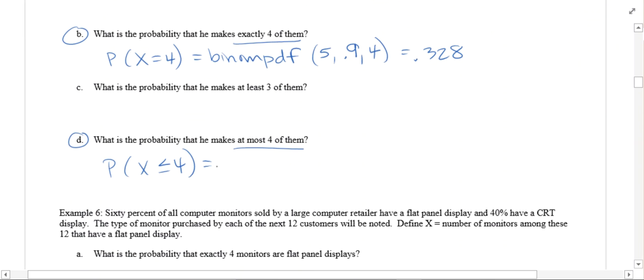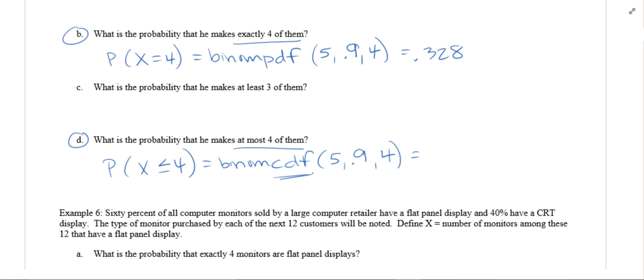Okay, so binomial CDF, we're going to use the same command actually. It's going to be 5, 0.9 and how many we want it to go up to. But because we're using CDF, the calculator is going to add up 0, 1, 2, 3, and 4 and just give us the answer. Okay, so go back to second distribution and get binomial CDF, the cumulative one.